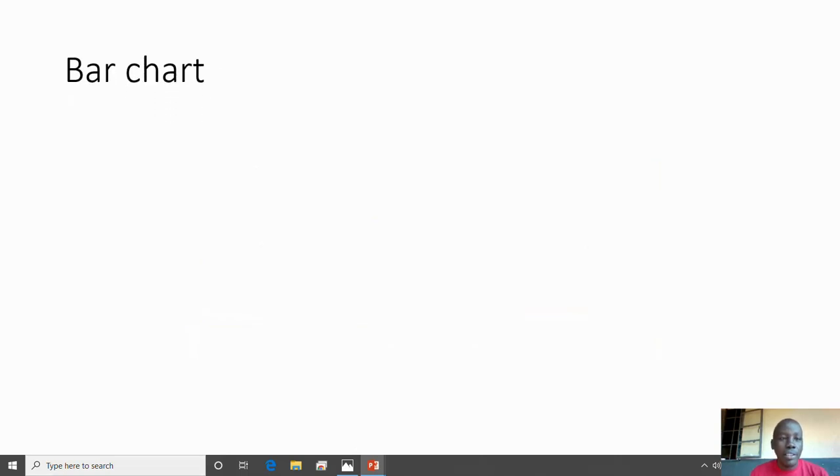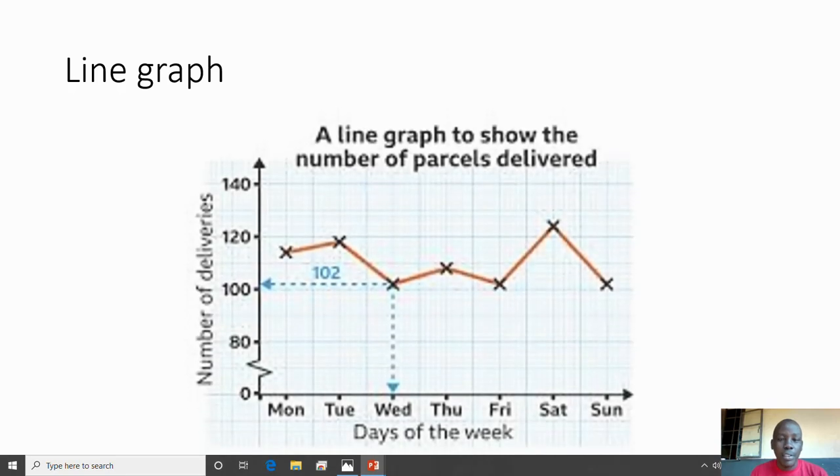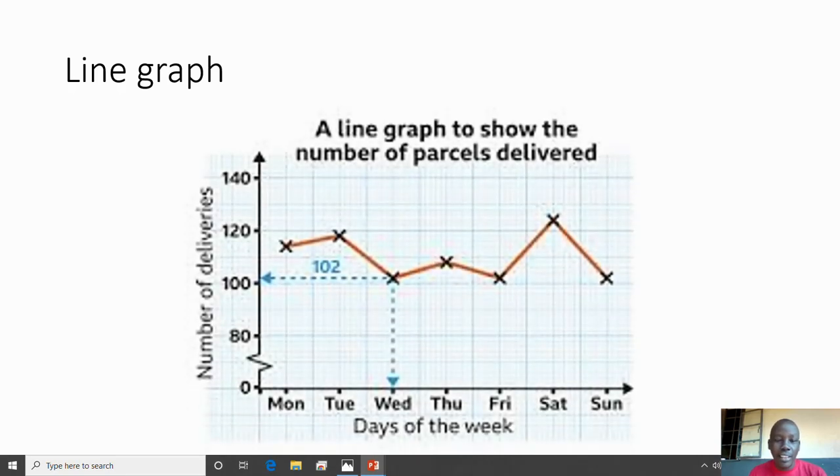We also have a bar chart which looks like that. Those bars are disjoint bars. That's what you call a bar chart. And we also have a line graph, which looks like that. That's how a line graph looks.